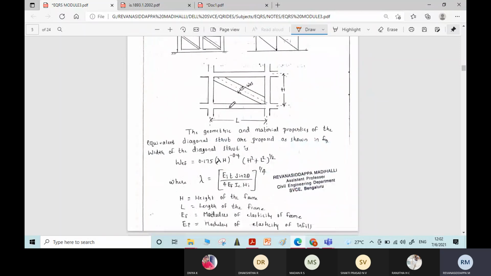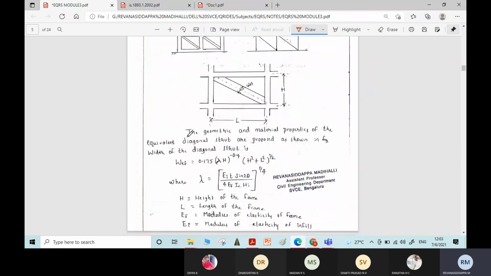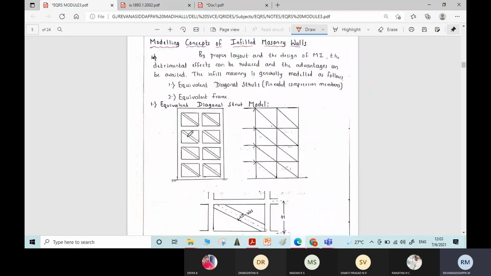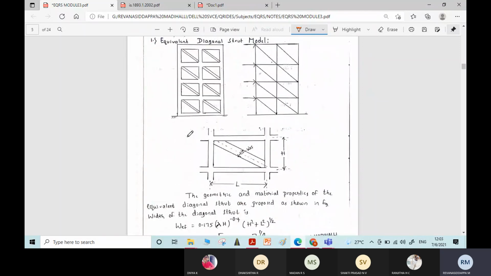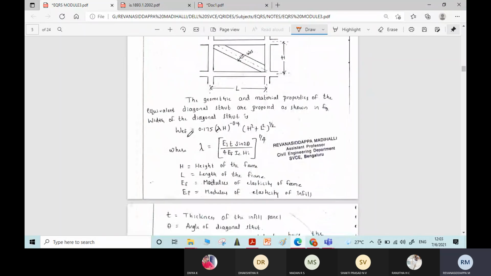Assume that a building is provided with some particular infill masonry wall, having a certain height, length and thickness. Now, how is it modeled in terms of a diagonal strut? For that, there is a formula.